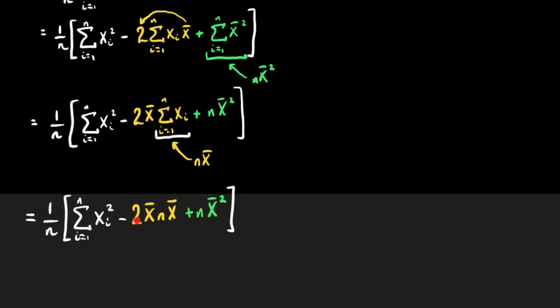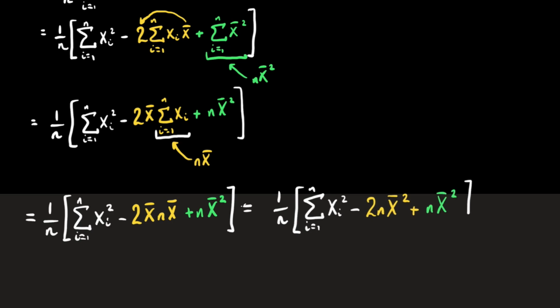Now what we've got is 2 times by x bar times by x bar times by n, but that's the same as 2 times by x bar squared times by n. So we could rewrite this a little more to give us 1 over n times by the sum from i equals 1 to n of xi squared minus 2 lots of n x bar squared plus n lots of x bar squared.